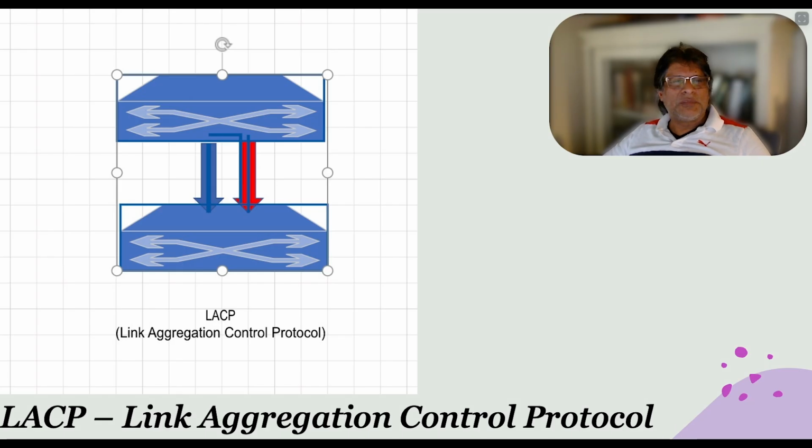Now let's talk about the link aggregation control protocol. This is also an interesting one. The link aggregation control protocol, usually abbreviated as LACP, is basically a combination of ports that you can aggregate together to increase speed or give you some redundancy.